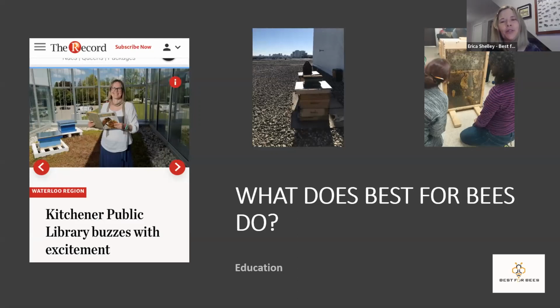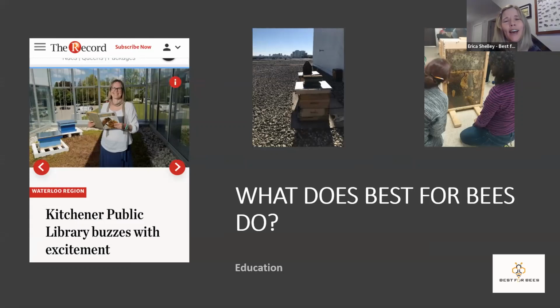A little bit about some of the things that we do at Best for Bees. We used to do more in terms of local things before we got into more research, but we've always had an education component to Best for Bees. We had an observation hive that we would take out to events or into schools to teach kids about what happens inside hives.